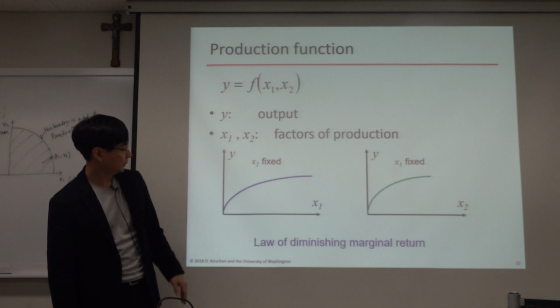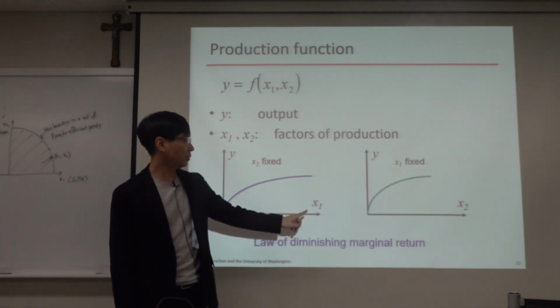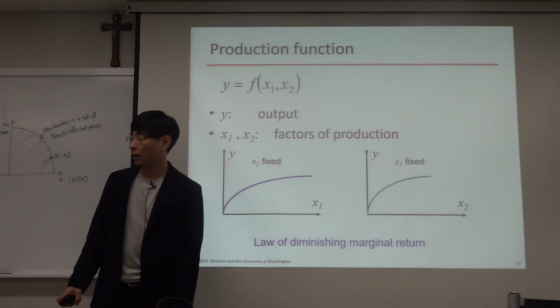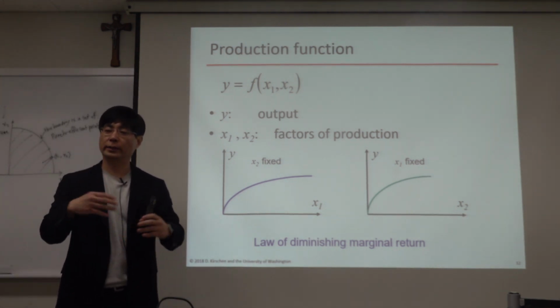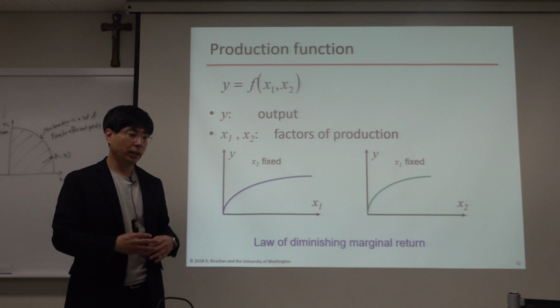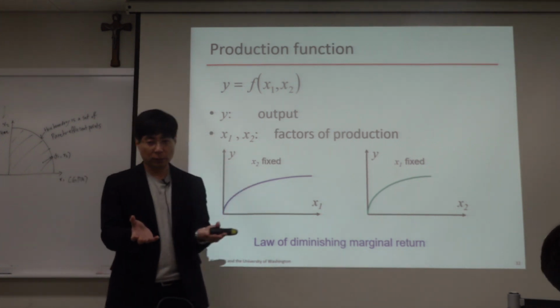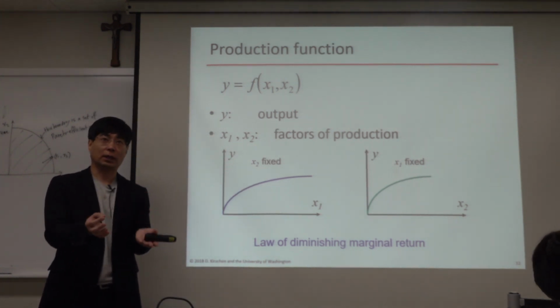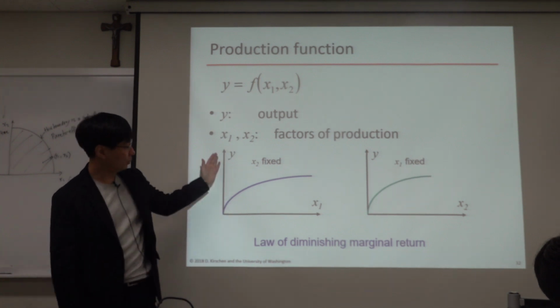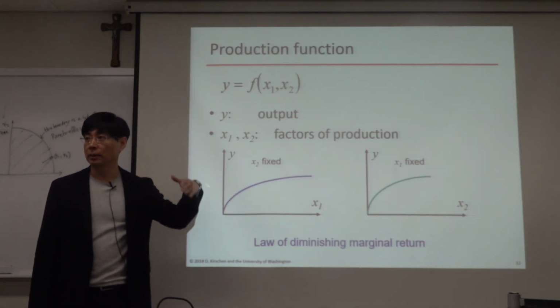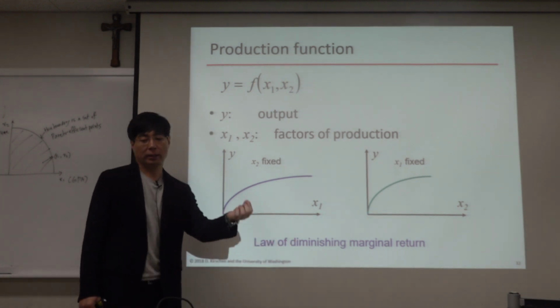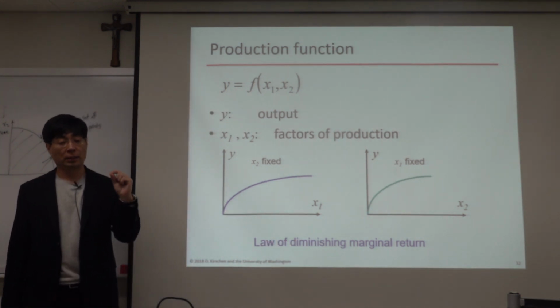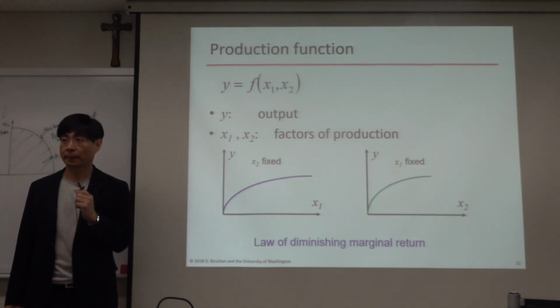That is called the law of diminishing marginal return. And this is typically observed in many situations. Initially, when you use a very small amount of fertilizer, the output increases very rapidly. But just using more and more fertilizer does not guarantee that it gives me more apples.